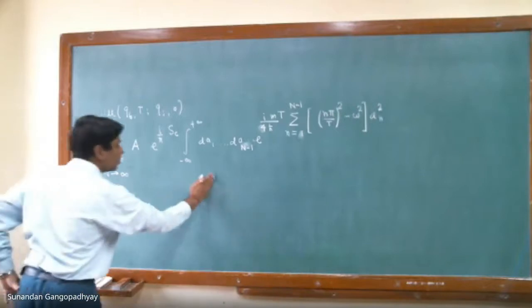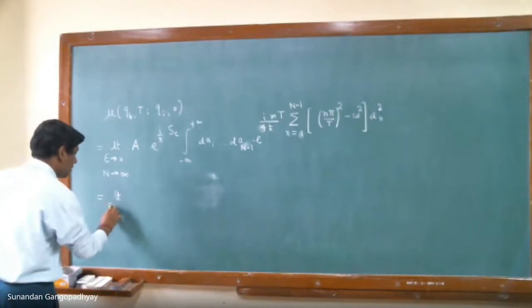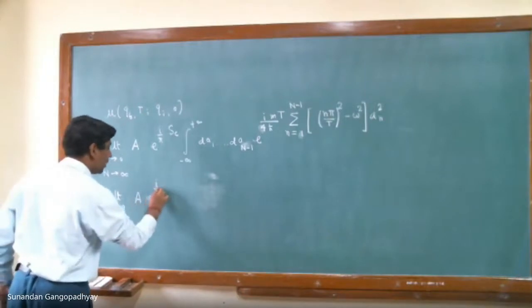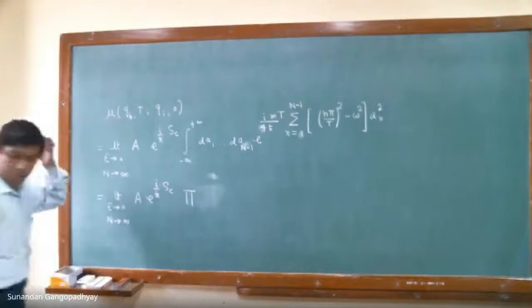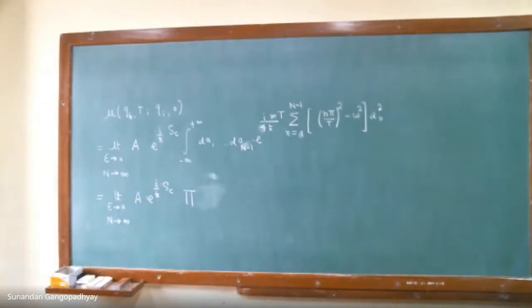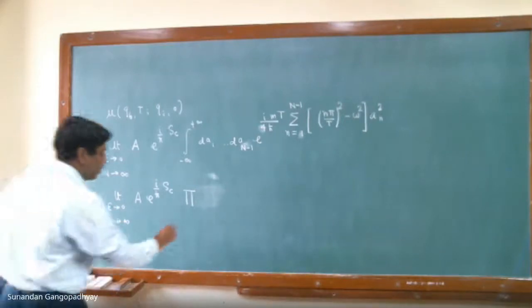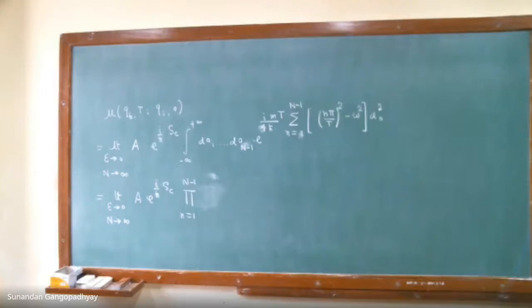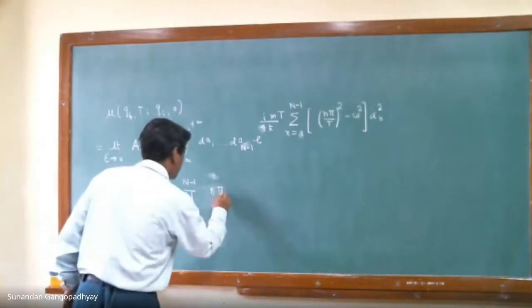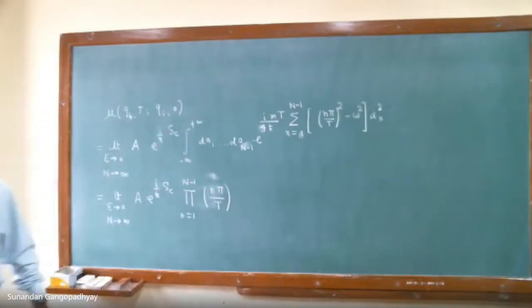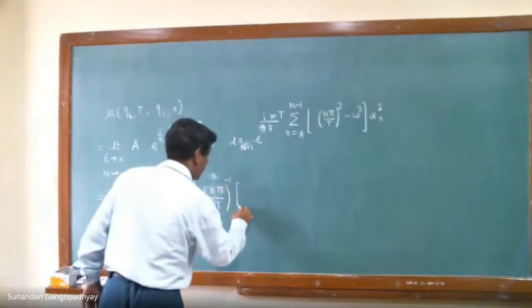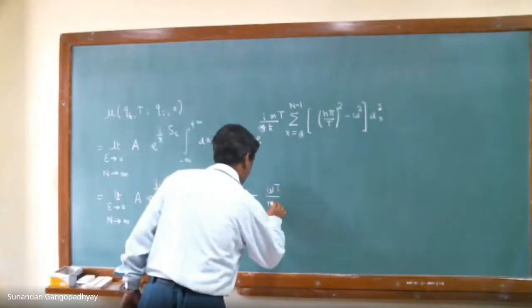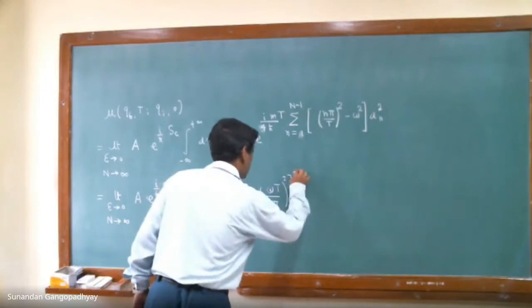So this is the limit epsilon tending to 0, N tending to infinity, some constant, e to the power of i by h bar S_C, times the product from n equals 1 to N minus 1 of (n pi by T) whole inverse, times (1 minus (omega T by n pi) whole square) to the power of minus half.